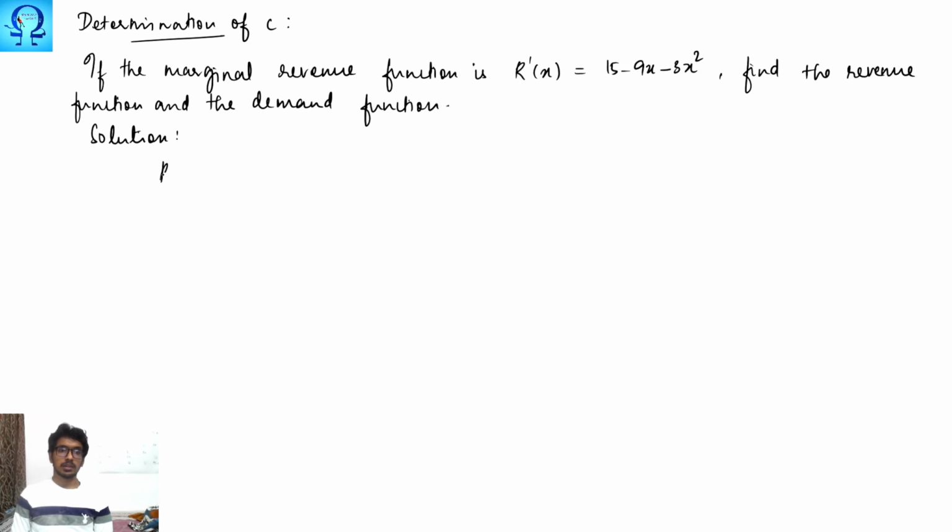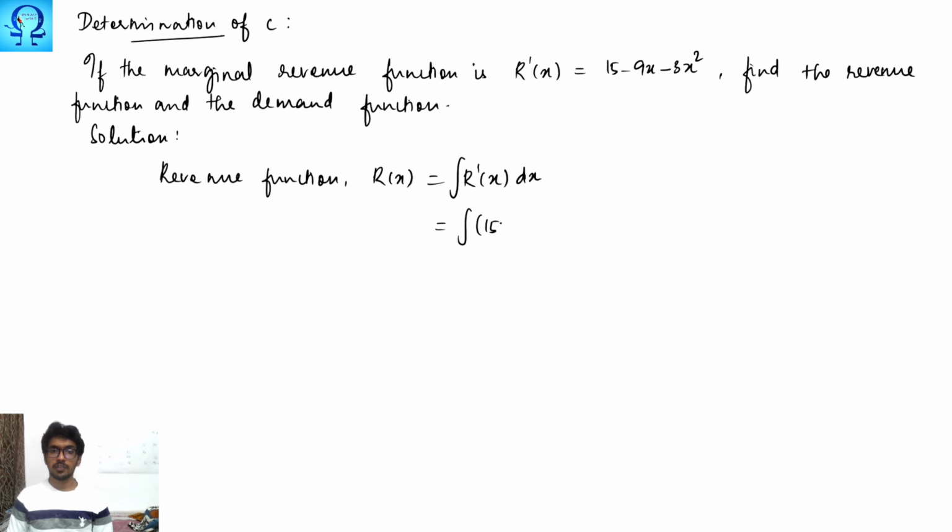We know that the revenue function shall be found using the process of integration. When you integrate your marginal revenue with respect to x, you are going to get your revenue.